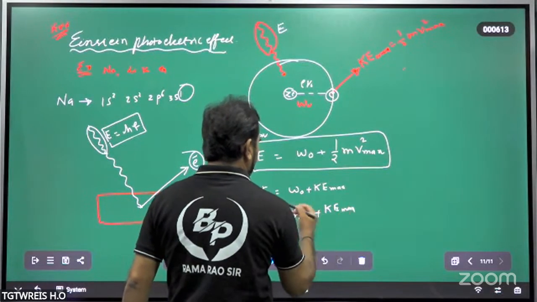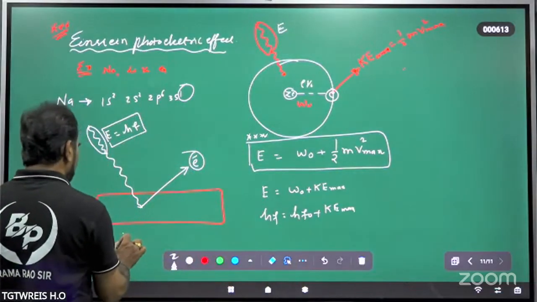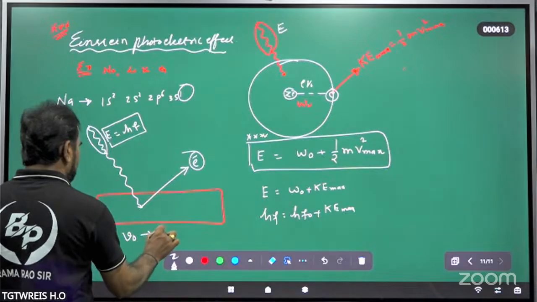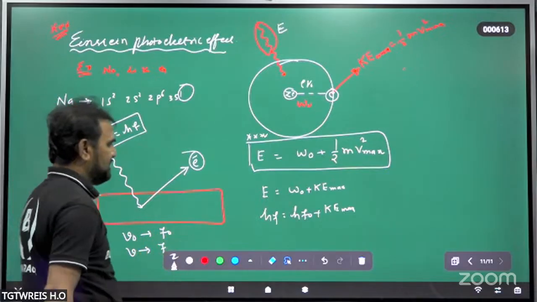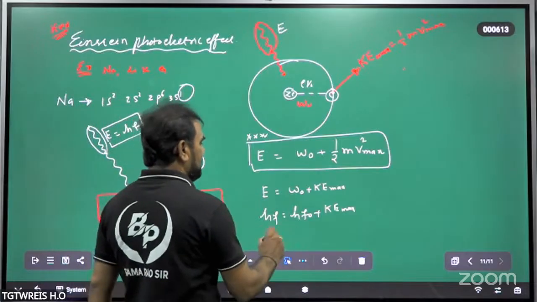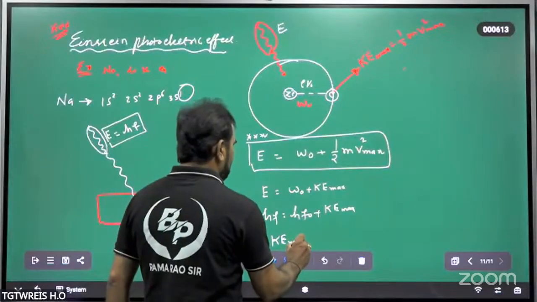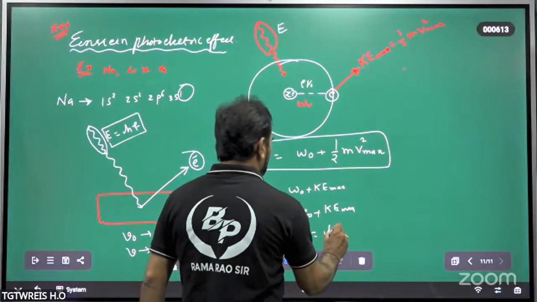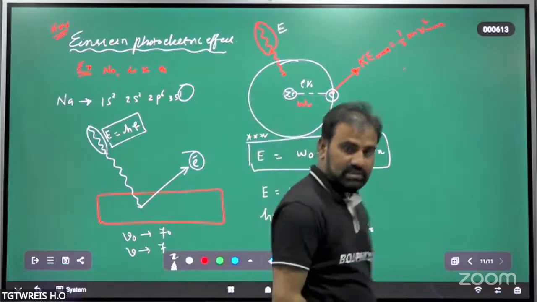Where nu, in the last class I have taken nu naught, I am taking f naught, and f as frequency. So KE max is equal to hf minus hf naught. Is it clear?